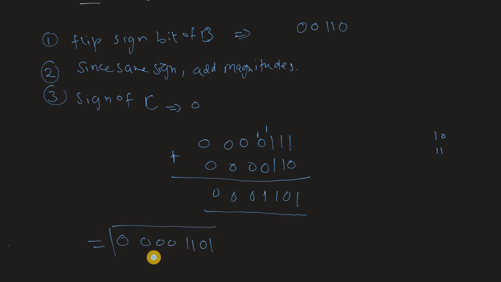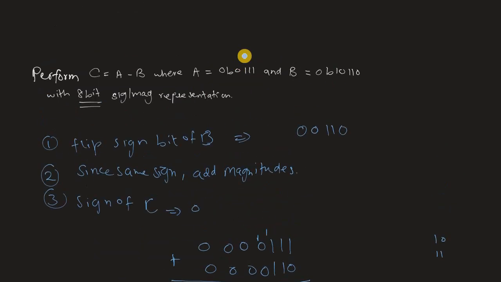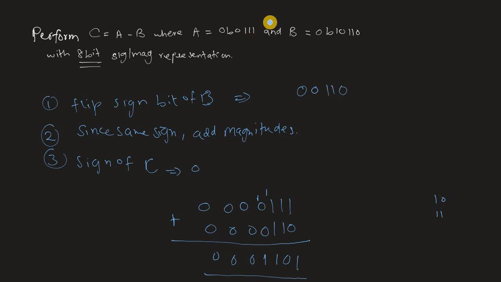Okay, now if you want to confirm your answer, what you can do is convert this into decimal, and then you're also going to convert this number into decimal. So if you go ahead and convert this into decimal, you're going to get 15, and it's positive because it's 0, and this is 6, but there's a 1, so that's -6.